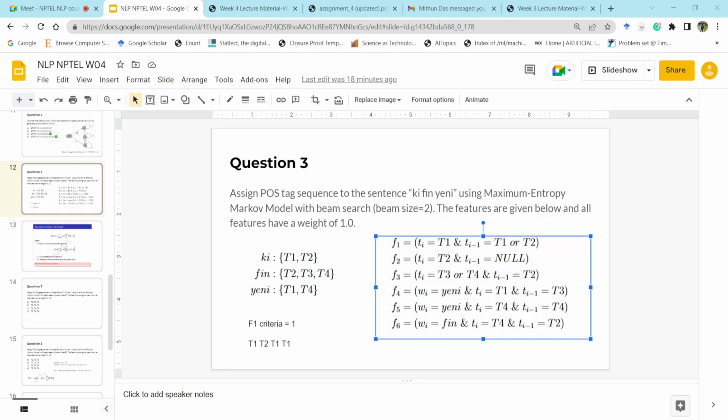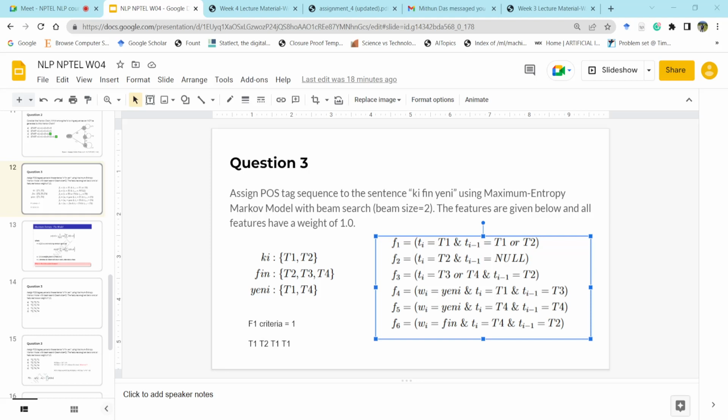For the previous case, Wi equal to Ki and Ti equal to T1, this was the first condition. Now we are trying to see where Wi is equal to Ki and Ti is equal to T2.